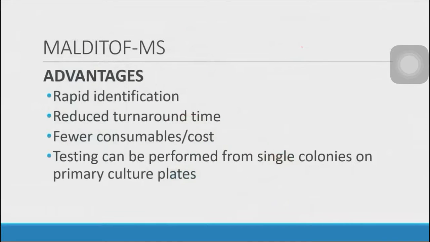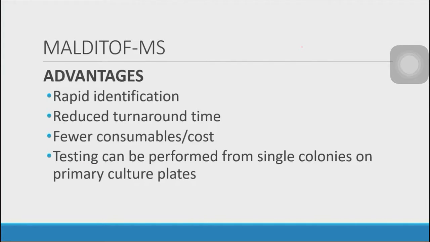So, ano yung main mga advantages nitong MALDI-TOF MS? Okay, so again, as I've said earlier, MALDI-TOF MS promises to give results in at least 15 minutes. So advantage niya is to give rapid identification as compared with routine biochemical test.